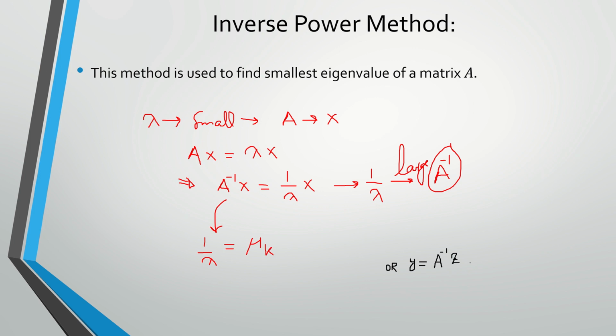So 1 by lambda will be mu k. But we are interested in lambda. So lambda in this case would become simply 1 by mu k. So lambda is equal to 1 divided by mu k. Is it clear?